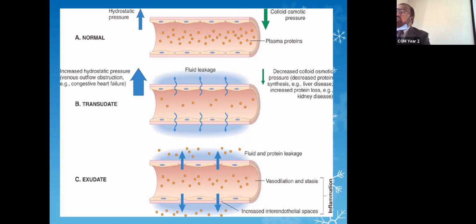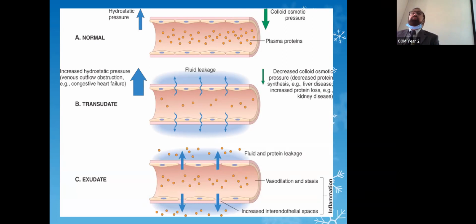Slowly and gradually, fluid accumulates outside the vessel in the interstitium. That will cause edema, and this edema will not have cells, only fluid. Cells means neutrophils or lymphocytes. One or two is okay, but not the majority. This is transudate.